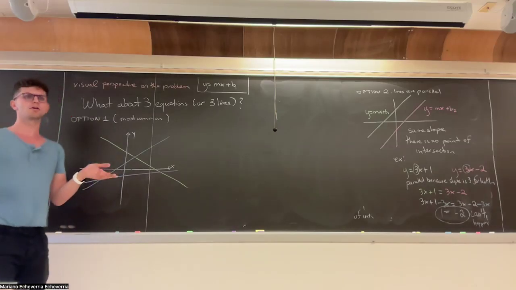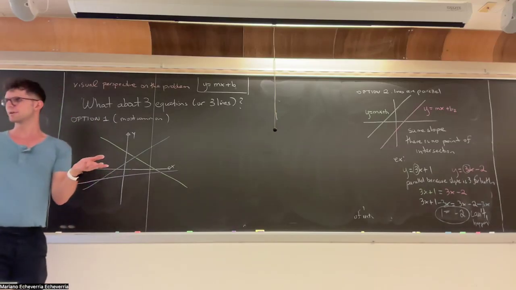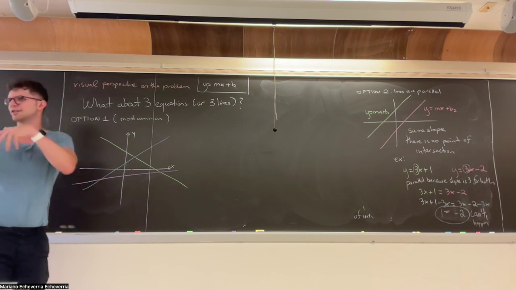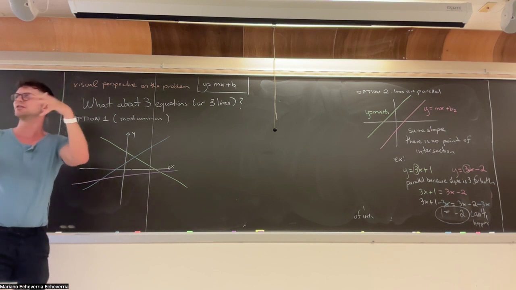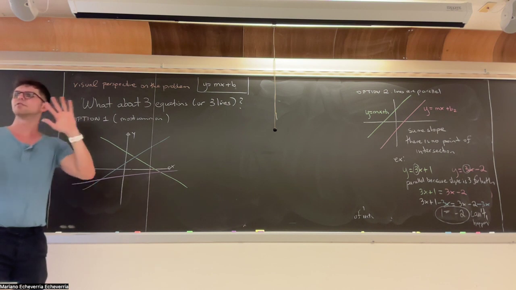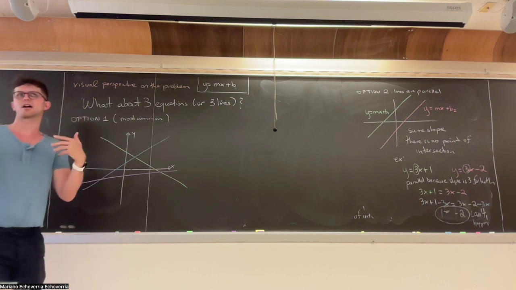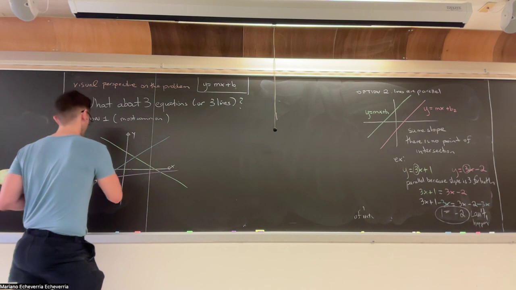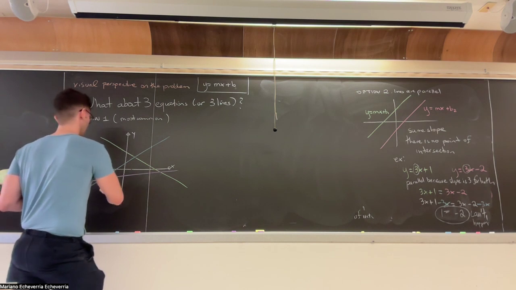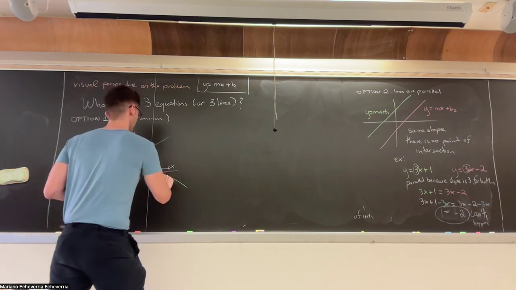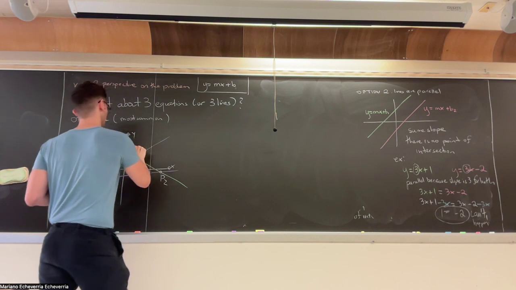It's like drawing three roads on a city. It is possible that the roads could intersect at different points because they just don't have a common agreement. So what happens here is that you have a point one, a point two, and a point three, right?